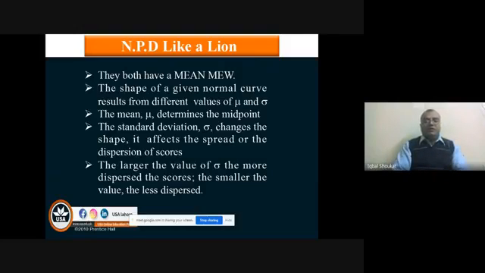The mean, mu, determines the midpoint, whereas the standard deviation represents the height or the spread, the dispersion of the scores. The larger the value of sigma, the more dispersed the scores; the smaller the value, the less dispersed. As I told, the value of the standard deviation defines the reliability of the distribution.